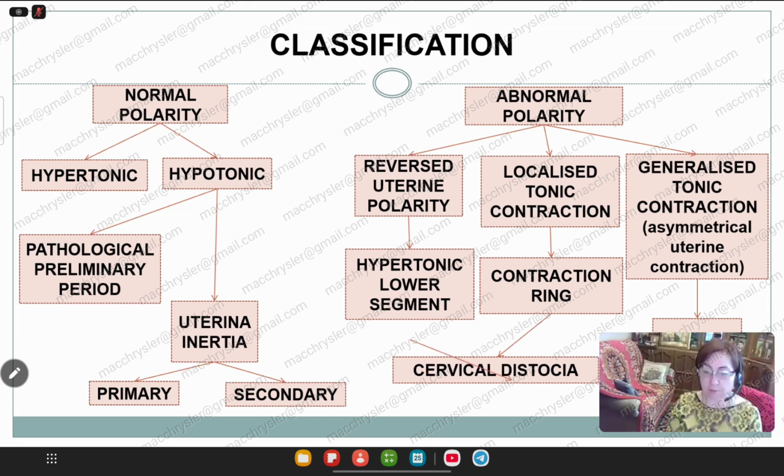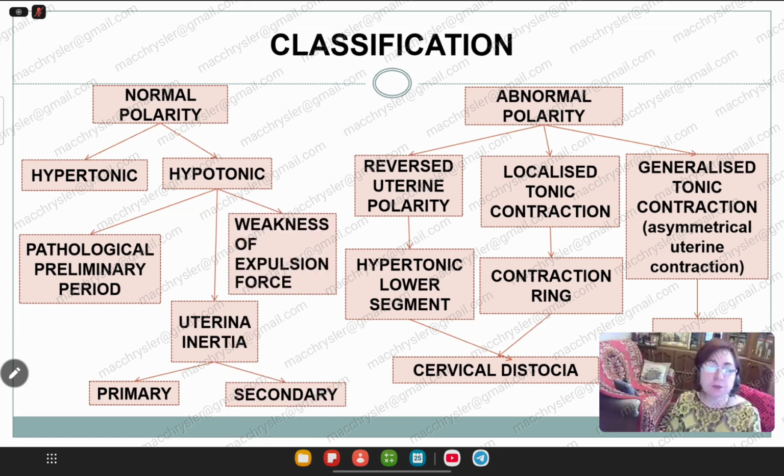The majority of these abnormalities, especially hypertonic lower segment and contraction ring, can give no progress of labor, and opposite to the expected normal cervical dilatation, we have cervical constriction, or we call that by the proper term, cervical dystocia.